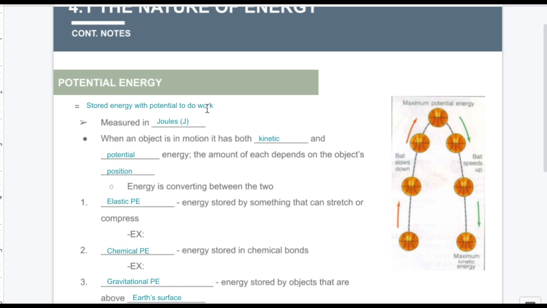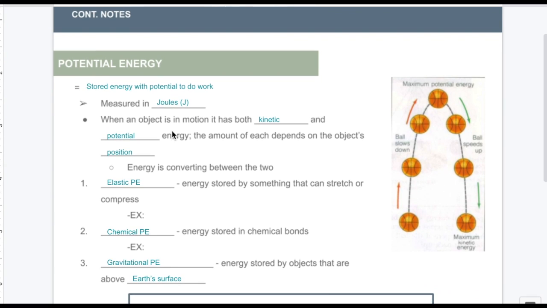So kinetic energy, remember, is the energy of anything in motion. It is also measured in joules, just like potential energy. And when an object is in motion, it has both kinetic and potential energy, at least here on Earth. The amount of each depends on the object's position.